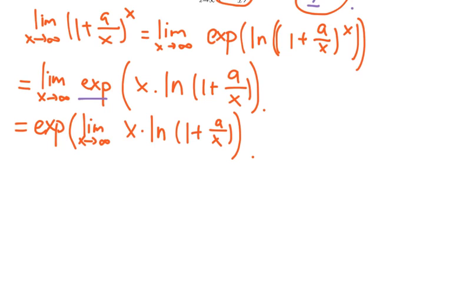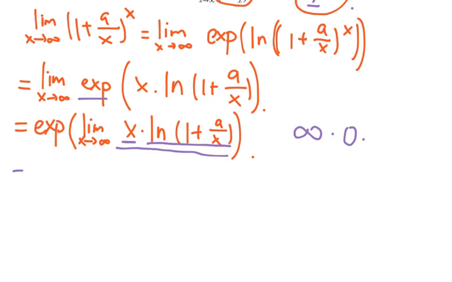Now we're going to consider this inner part. When x goes to infinity, the first factor x just goes to infinity, but the second part, natural log of 1 + a/x, goes to 0. So we're in the situation of infinity times 0.